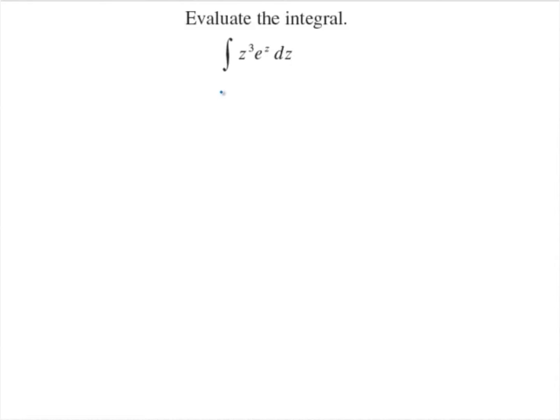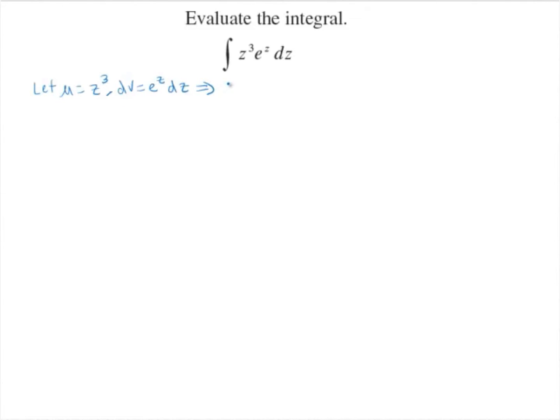Here we have the integral of z cubed e to the z dz. So we're going to use integration by parts. First we're going to let u equal z cubed and dv equal e to the z dz.